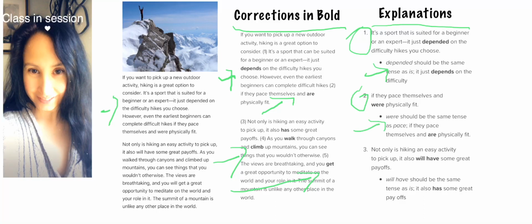So were should be the same tense as pace: if they pace themselves and are physically fit. 3, not only is hiking an easy activity to pick up, it also will have some great payoffs. Will have should be the same tense as is. It also has some great payoffs.